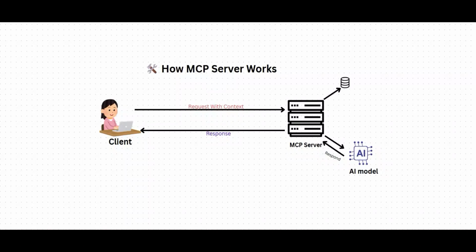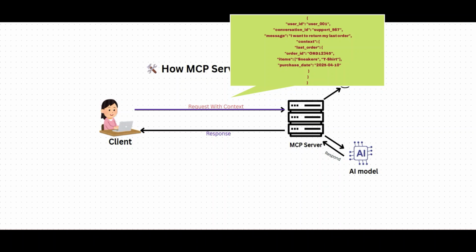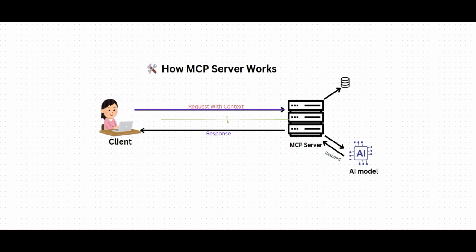Now let's understand how this MCP server actually works behind the scenes. Let's assume a client app like a chatbot, website or mobile application wants to interact with an AI model. The app sends a request to an MCP server and this request includes important data such as user ID, conversation ID, the current user message and some additional context. Then the MCP server receives this request and first validates it.